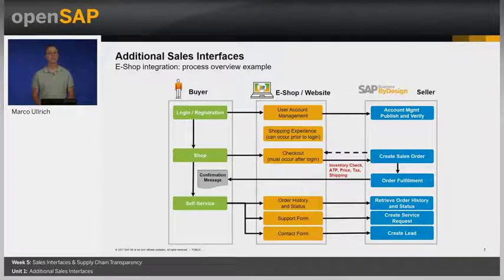With an integration in place, a confirmed order created in the web shop automatically creates a sales order in SAP Business ByDesign. All post-processing steps, like logistics fulfillment or payment allocation, are part of SAP Business ByDesign standard.